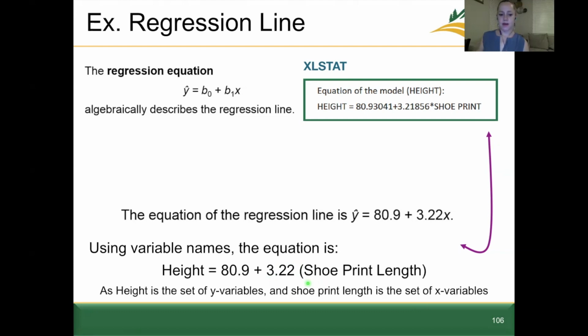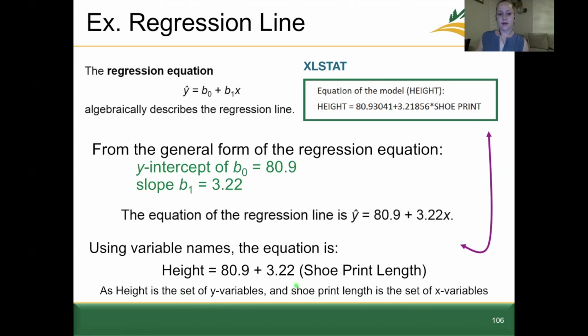And again, this is because height is our set of y variables and shoe print length is the set of x variables. From the general form of the regression equation, we can actually write these numbers out. So the y-intercept, b naught, is equal to 80.9. The slope, b1, is equal to 3.22.